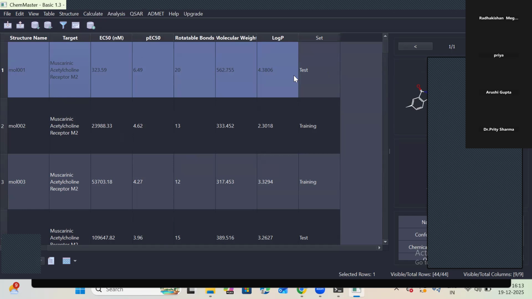For that, using the training data set, ChemMaster applies a statistical and machine learning algorithm to establish a relationship between descriptors, that is, rotatable bonds and molecular weight, and then the biological activity. Biological activity is pEC50, because we already converted EC50 into pEC50. Now we want to establish a relationship between these molecular descriptors and pEC50.